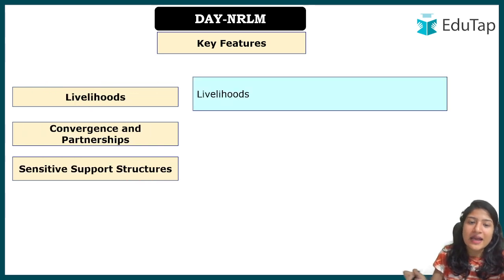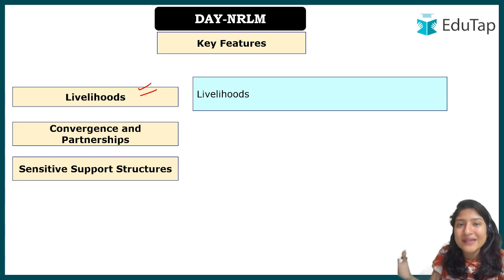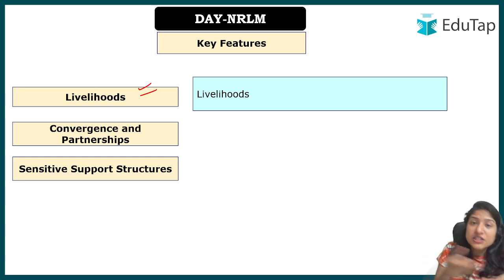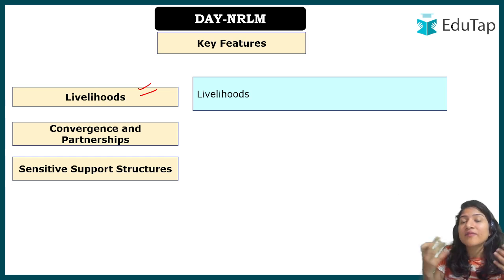Apart from that, livelihood. Here we are talking about providing them with food security by making them aware about the PDS system. Along with that, making ration cards for them so that they can actually take benefit of it. Along with that, they come under various security schemes. For example, if we talk about the elder people, they can be part of various retirement schemes, right?